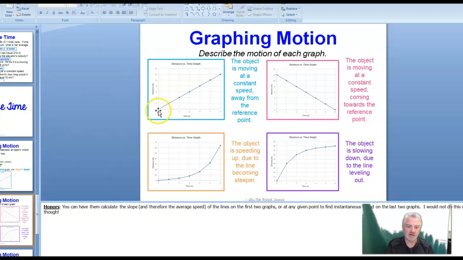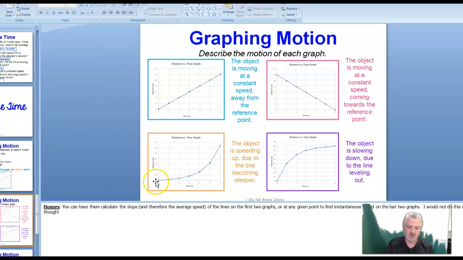So if the reference point's here, it's moving 12 meters away at a constant speed. Okay, so that's how we would describe that one. Here we would describe this one. You started off 12 meters away, but you've gone at a constant speed back to 0 here, which is the reference point. So the object is moving at a constant speed coming toward the reference point.